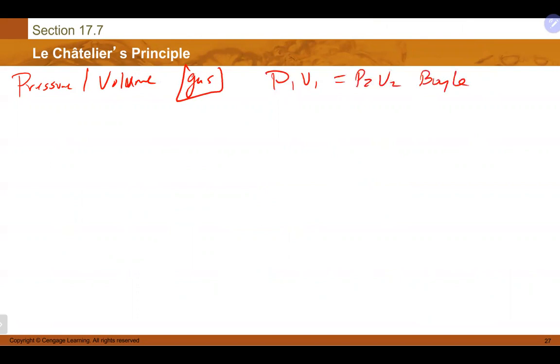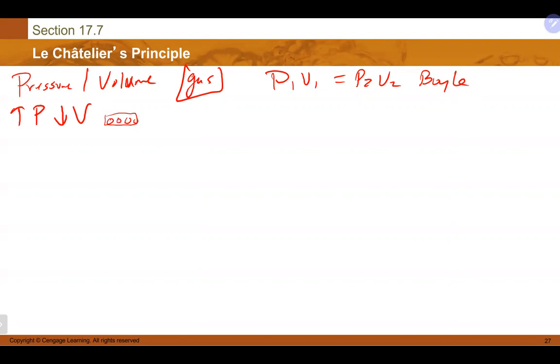The relationship in Boyle's law is as the pressure goes up, the volume goes down. So if we decrease the volume or increase the pressure, the volume would get really small, which means my gas molecules are really near each other. And that's why the pressure starts to go up.